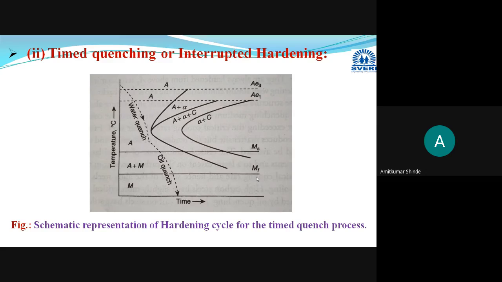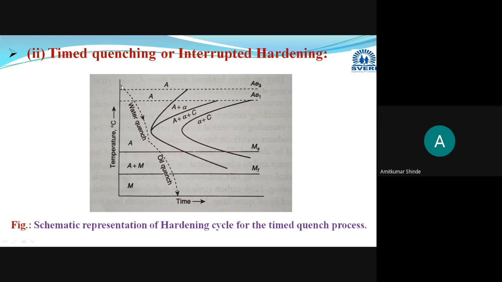Here we are doing the cooling with a cooling rate more than the critical cooling rate. More than the critical cooling rate means we are avoiding this nose. Cooling will be done with a faster rate. It will come in this point range.